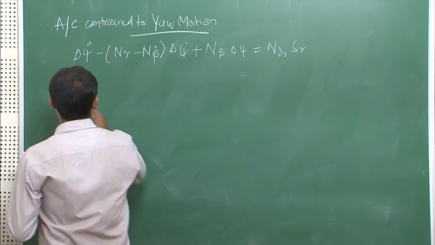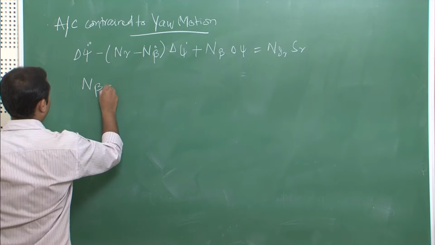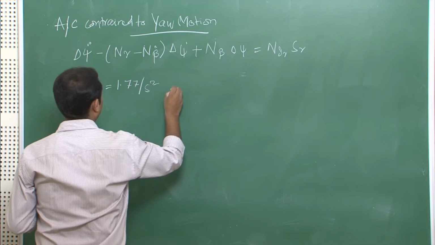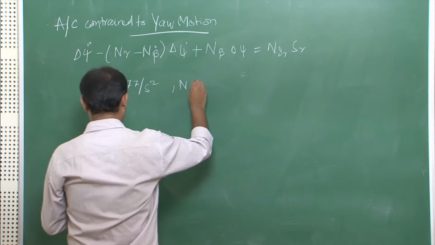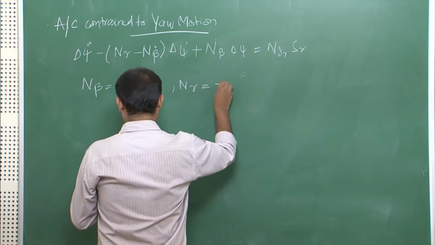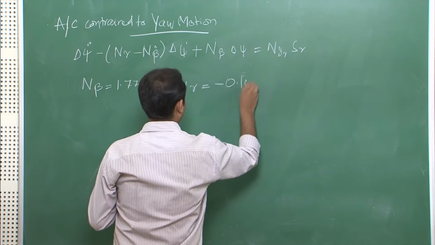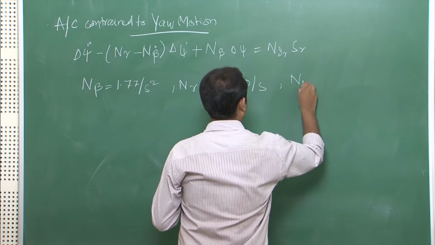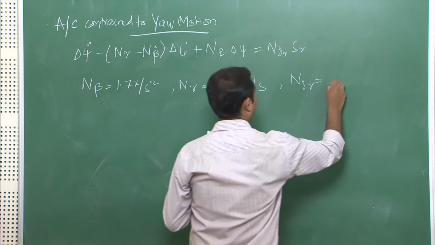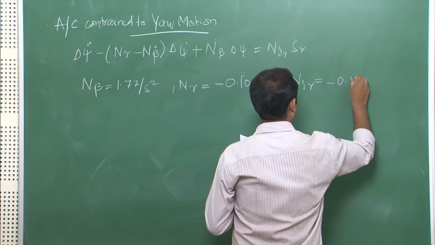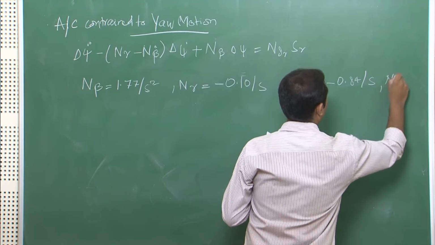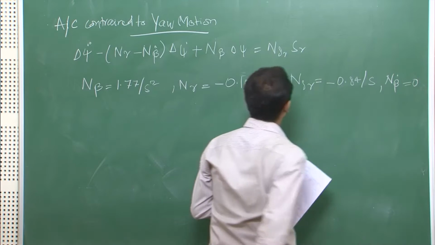The values are n beta equals to 1.77 per second square, nr equals to minus 0.10 per second, and n delta r equals to minus 0.84 per second, and n beta dot equals to 0.